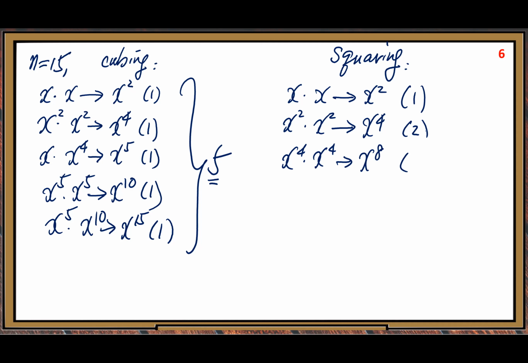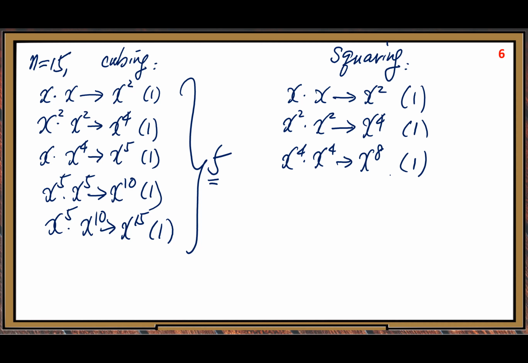Oh, sorry, for the second one I just put a 1. Accumulative. Okay. So the next one, x to the 16th, but we cannot do another squaring here, because it would exceed 15.